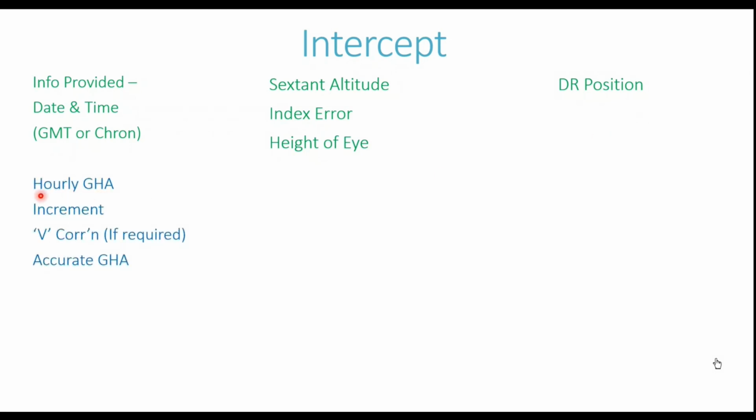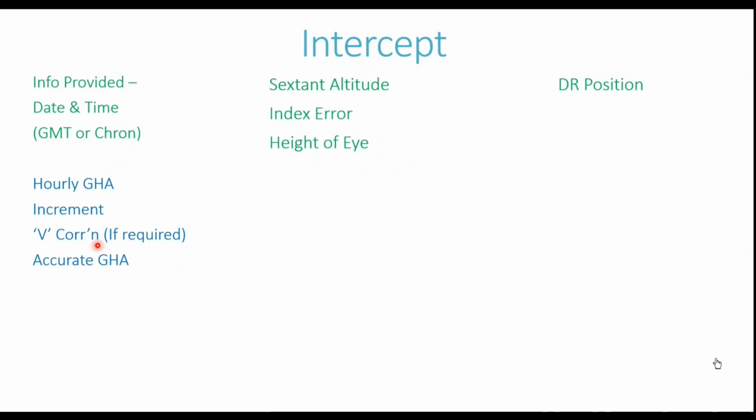First of all, we enter into the almanac to get the information regarding the celestial body. We find out the hourly GHA from the daily page. We get the increment from the increment table for the given minutes and seconds of the time. Then we pick up the V correction.